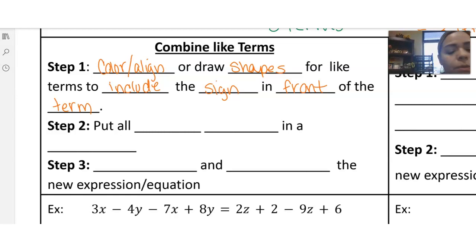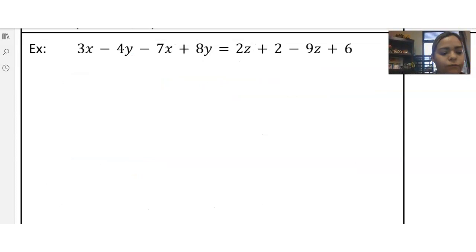My second step would be to put all like terms in a group. And the third step is to simplify and rewrite. Okay, let's go on to this first example.